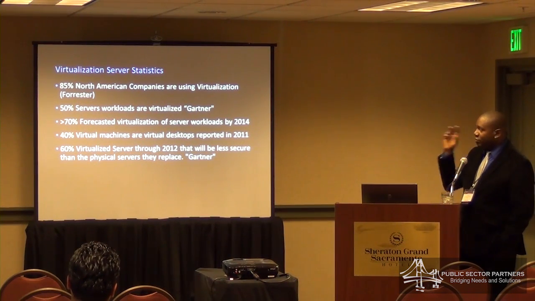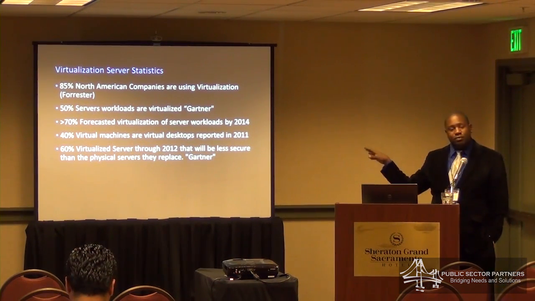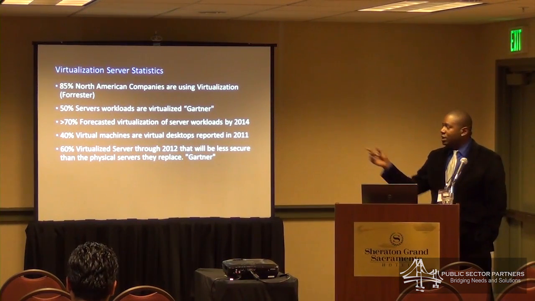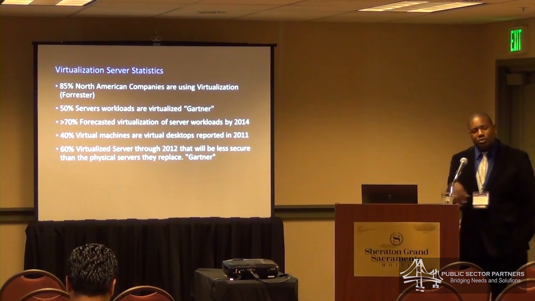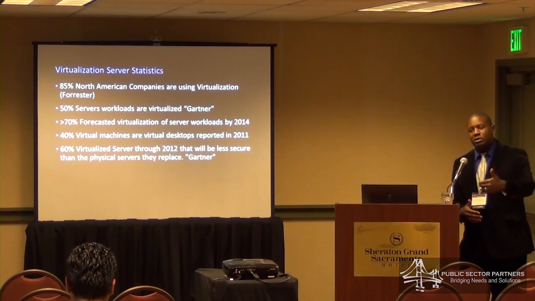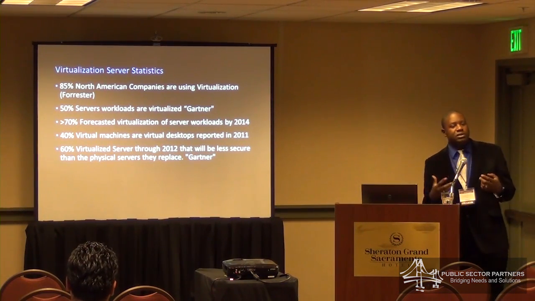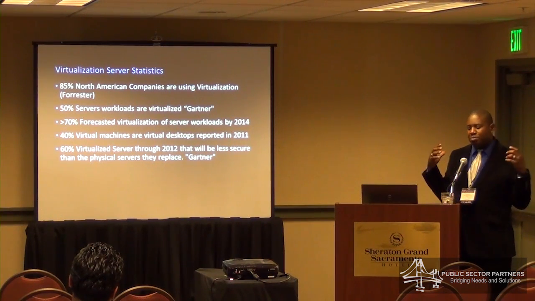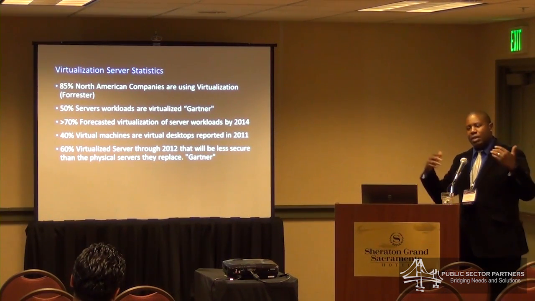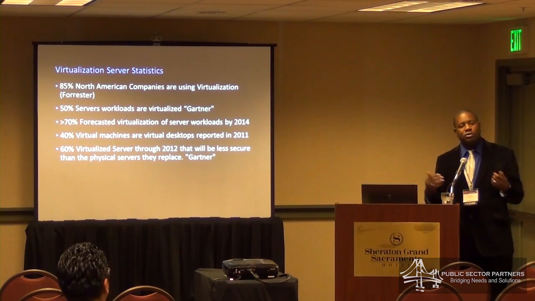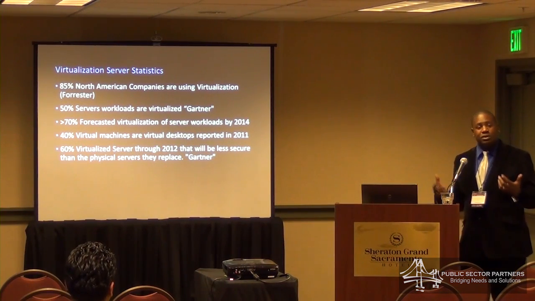And then 70% of the virtualized servers are forecasted for 2014, as well as 40% of those virtual machines are going to be virtual desktops, right? And there's an inherent conversation that we're having here, not because of the capability of virtualization, but the actual complication of security.